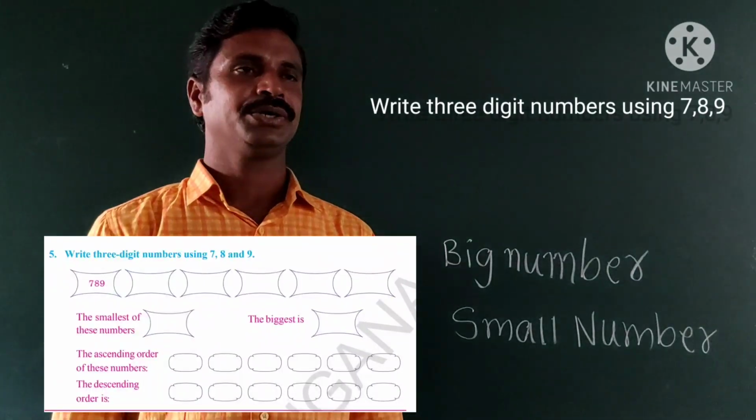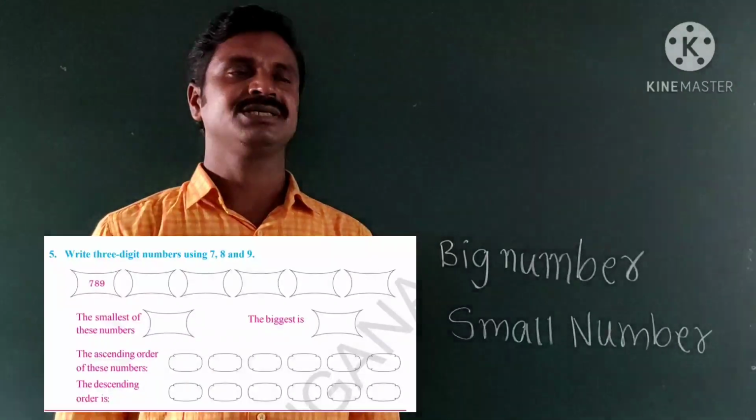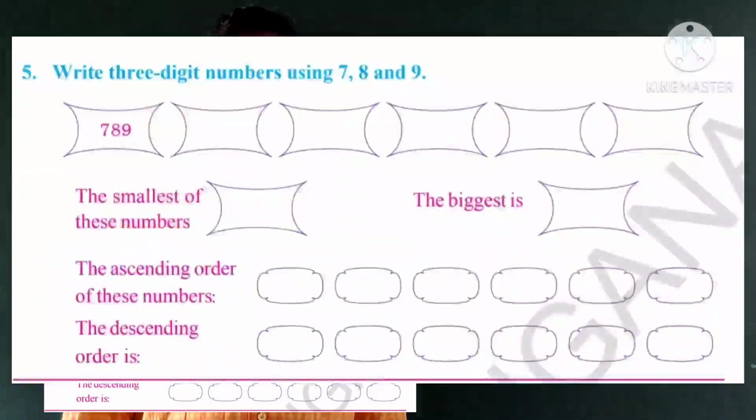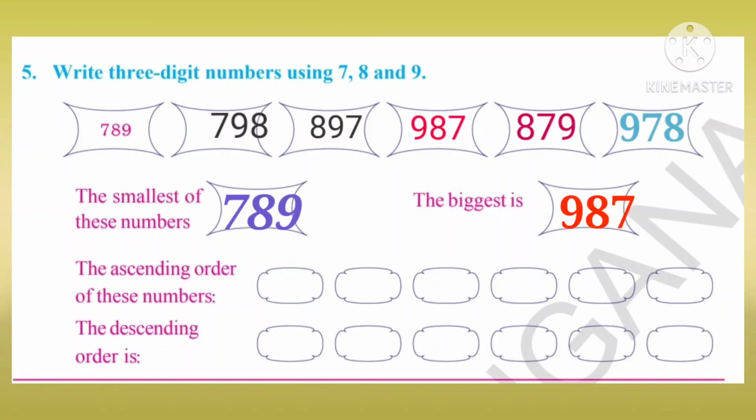Children, you write the numbers with the digits 7, 8, 9. Okay, we can write 798 and also we can write 897. 987 comes. We can write 879 also. We can write 978 also.